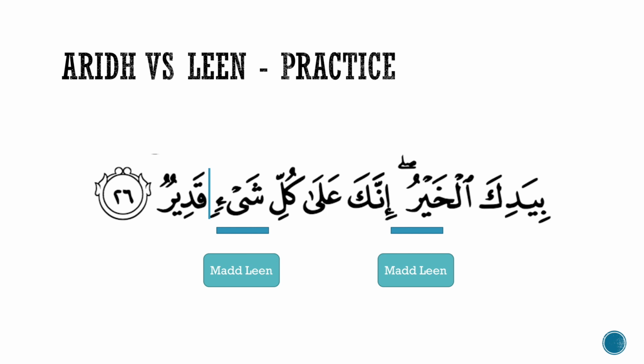If we are stopping at the word shay, then you can see there is a ya sakina preceded by a fatha, followed by the letter hamza, where we'll be putting a temporary sukoon, which will make it mad leen if we are stopping. If we are not stopping, then it would become innaka ala kulli shay'in.